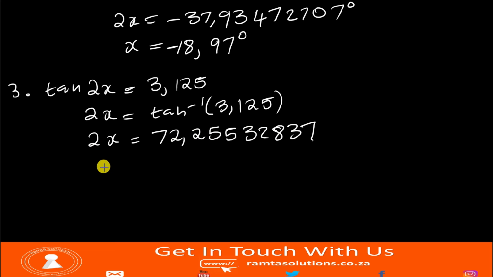Now what is our answer? Our answer divided by 2 is 36.18 degrees. Okay? Our answer is 36.18 degrees. Okay? Moving on.